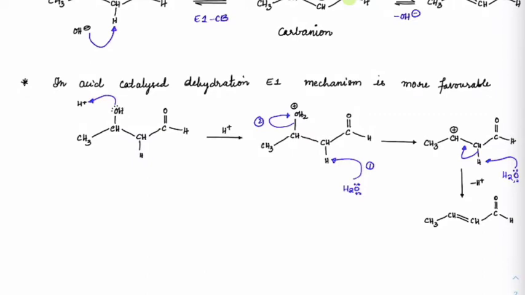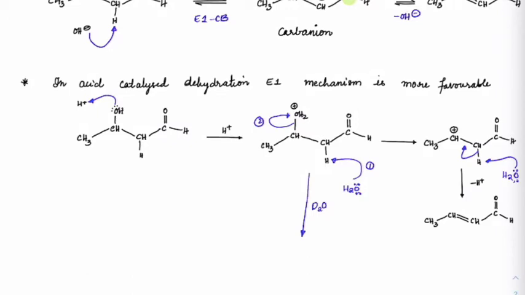But most of the experiments suggest that this carbanion formation is not seen in acidic medium. Even if I react that in D2O, you don't see any hydrogen exchange or deuterium exchange happening here. So this makes us understand that in most acid catalyzed dehydration, E1CB is not going to occur. Rather, it will go for either E1 or E2.